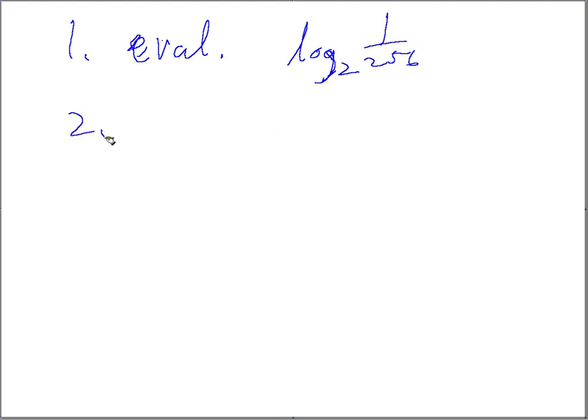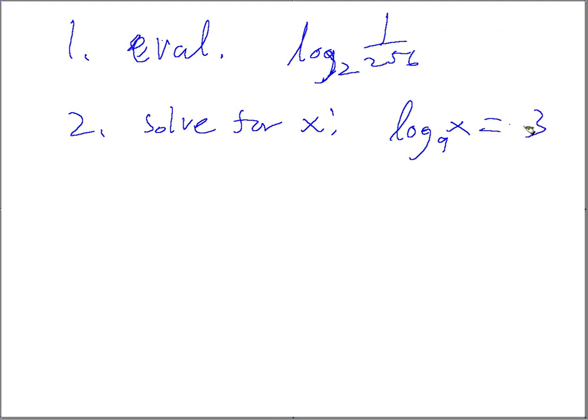All right, number 2, let's solve for x here. In this equation, log base 9 of x equals -3. Solve for x there, and again convert it to an exponential and solve it using the definition of logarithm.